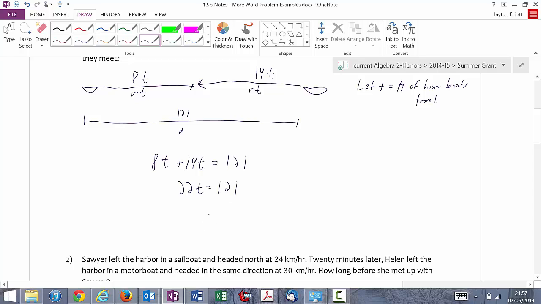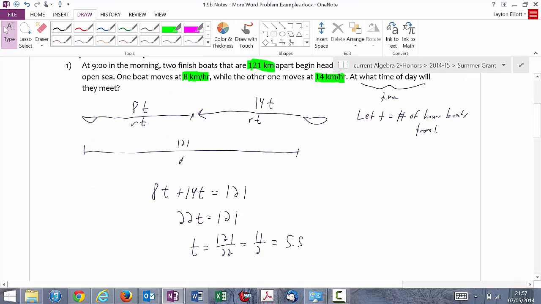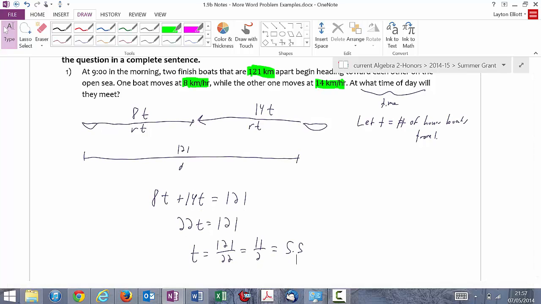If I divide through, I get t is equal to 121 over 22, which is equal to 11 over 2, or 5.5. So at what time of day will they meet? Well, they left at 9 o'clock, and 5.5 hours after 9 o'clock is 2:30 in the afternoon. So they meet at 2:30 p.m.